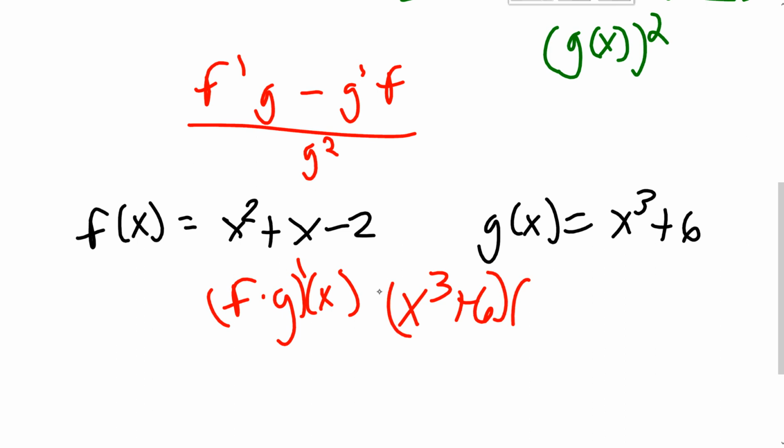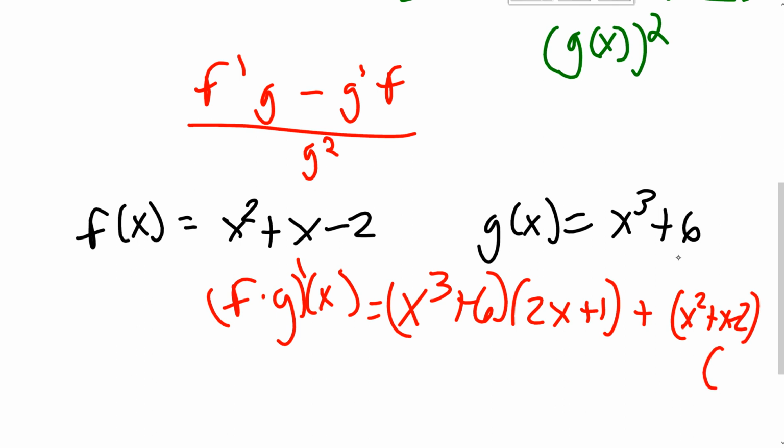So you're going to multiply it by the derivative of the first, which is 2x plus 1, and then you're going to add the first, x minus 2, times the derivative of the second, which is just 3x squared. So that's multiplication.